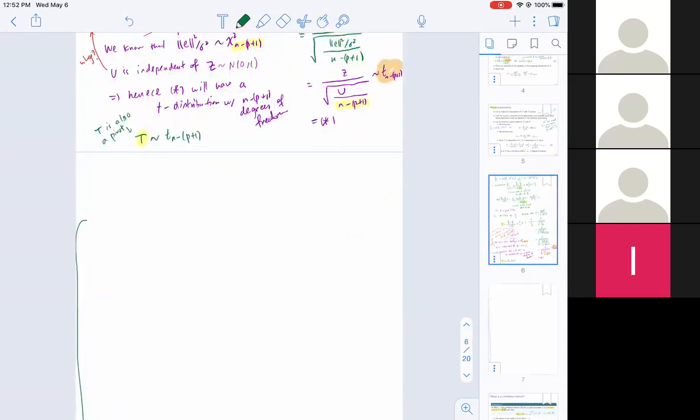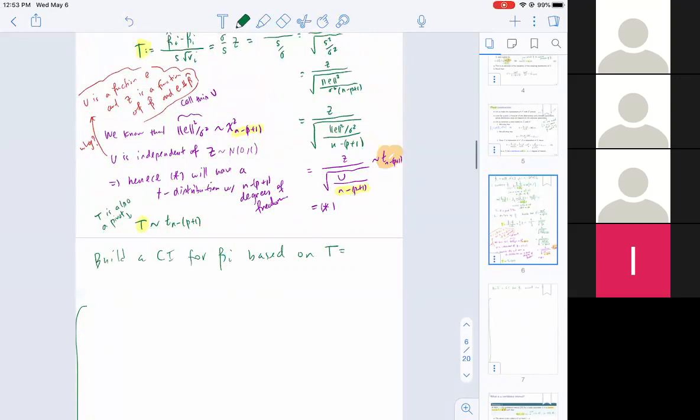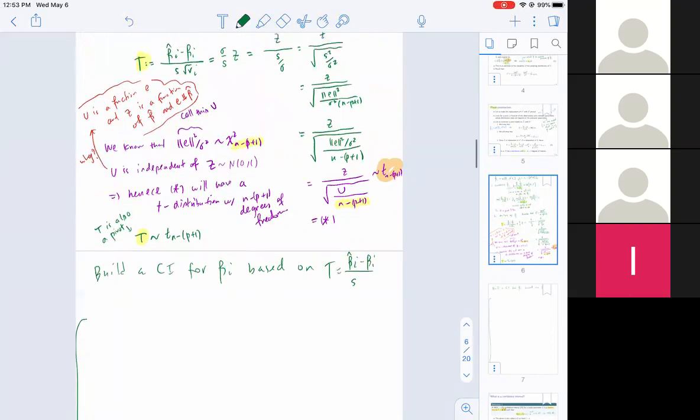And build a confidence interval for beta I based on the t, which is just beta hat I minus beta I divided by the standard error of beta hat I. Remember?